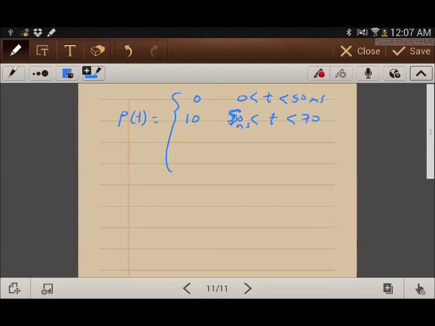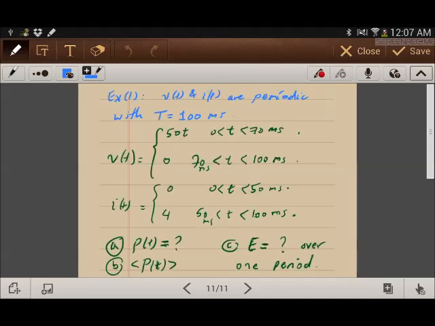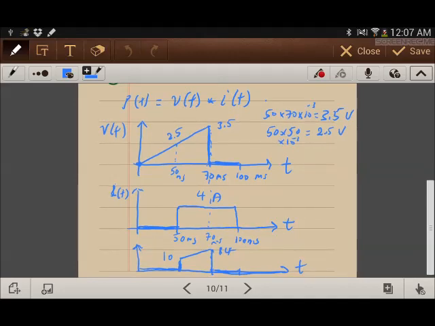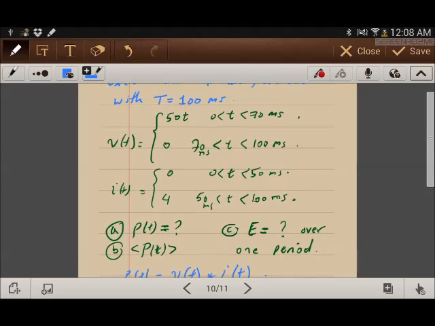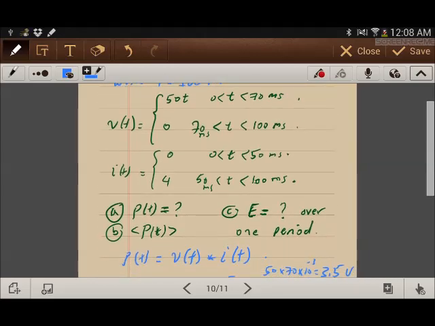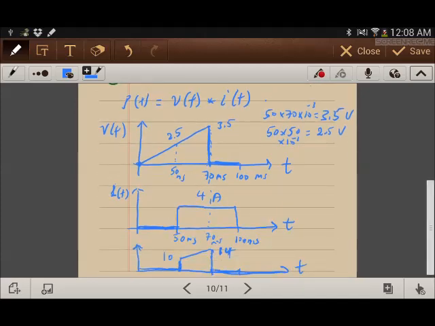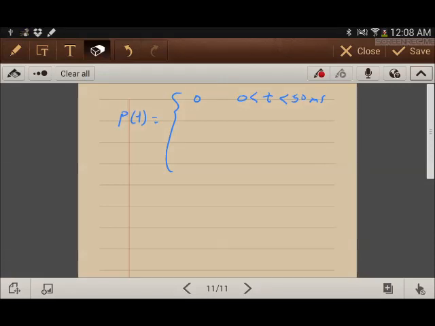it will be 10, not 10, it will be 50 multiplied by 4, which is 200t, when t is greater than 50 milliseconds and less than 70 milliseconds.